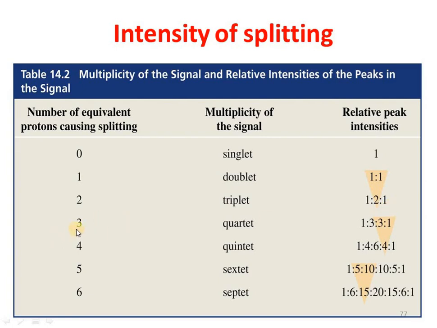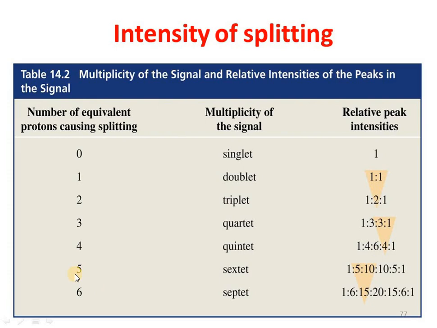And if it is 3 neighboring protons, then the signal will be 3 plus 1, 4, quartet, 1:3:3:1 ratio. If there are 4 neighboring protons, then 4 plus 1, 5, that is quintet, in the ratio 1:4:6:4:1, which we can see in Pascal's triangle further.